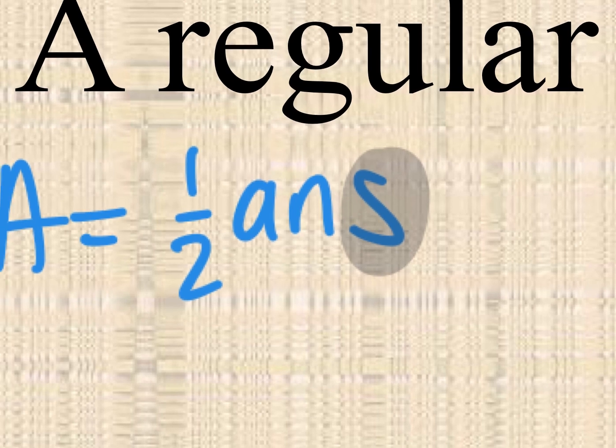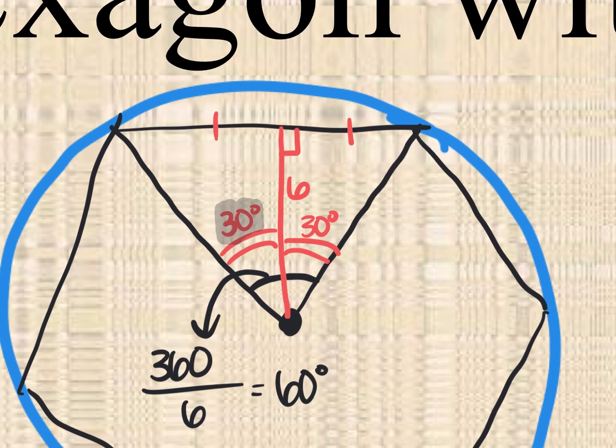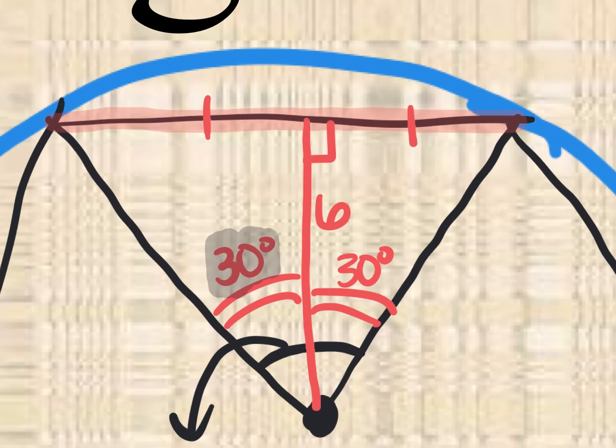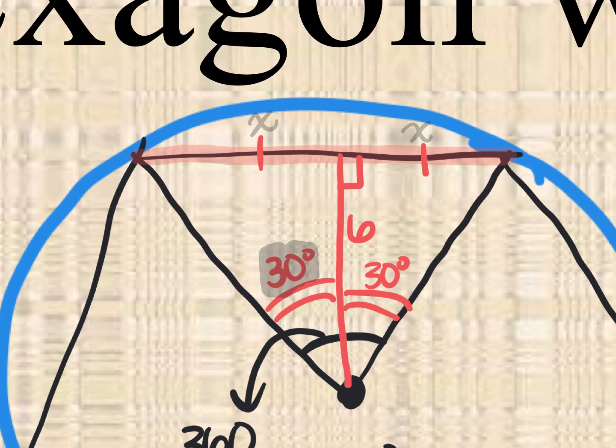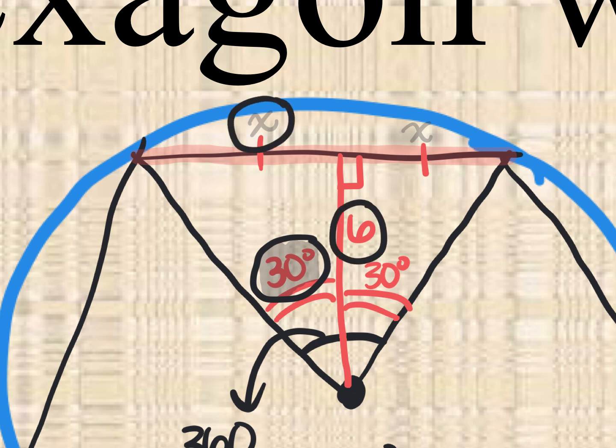The side of the hexagon. So we need to find the side length of this. Agreed? So we're going to split it up. We're going to make this piece right here x. That means this piece on the right also has to be x, because it's being split into two equal parts by the apothem. Does that make sense? We need to set up a trig ratio involving this 30, this x, and this 6 that we know.